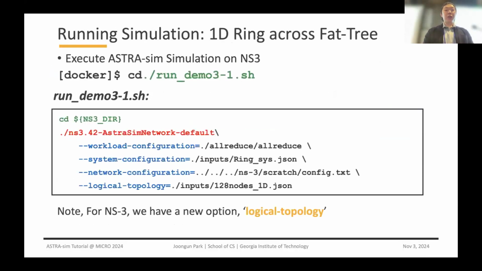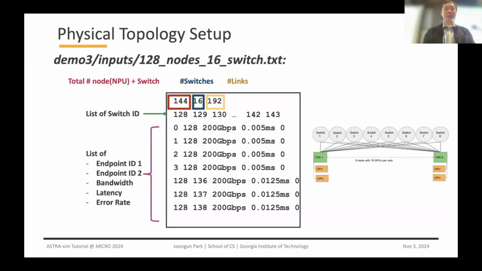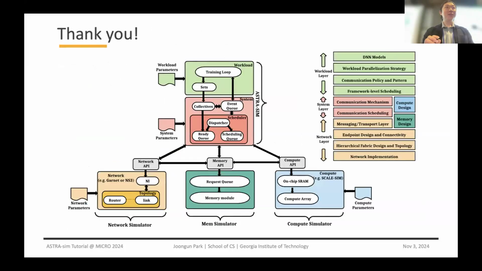The way we do it is basically the same. You can just change the name to NS3, and the concept of logical topologies can be adopted here as the previous demo has. So yeah, that's the end of the demo.